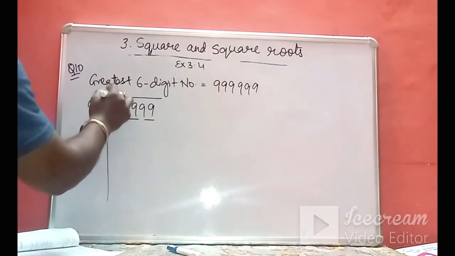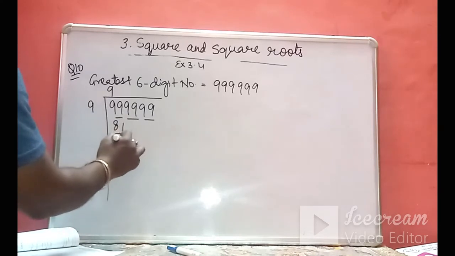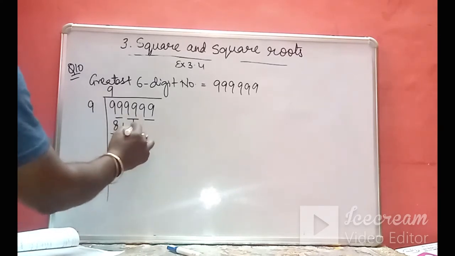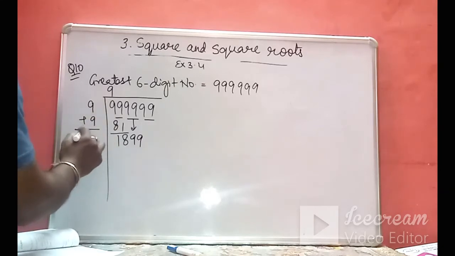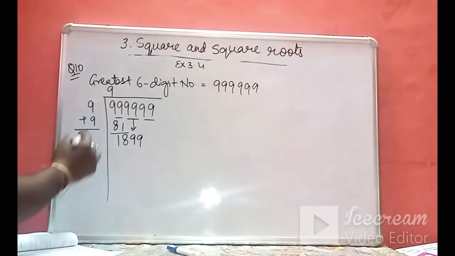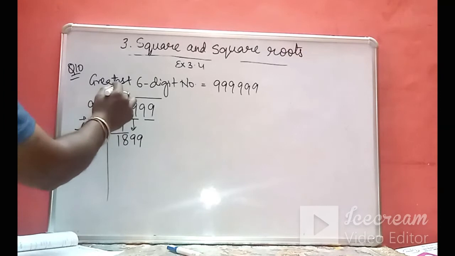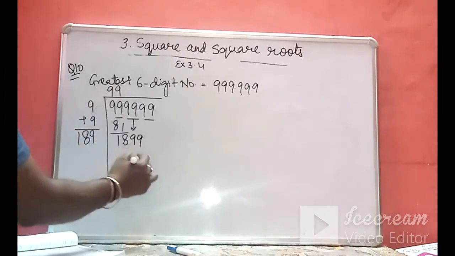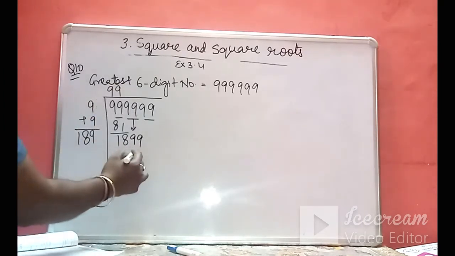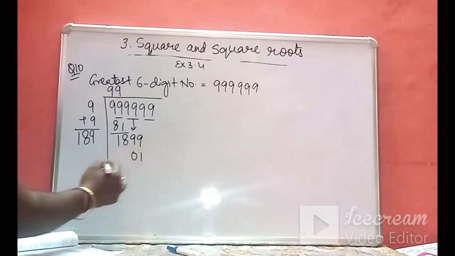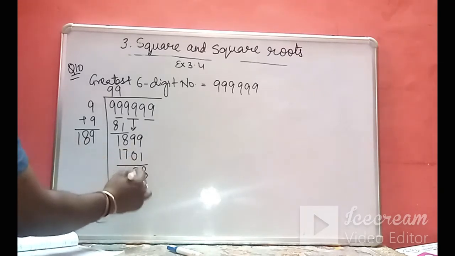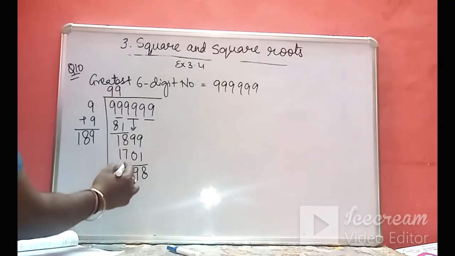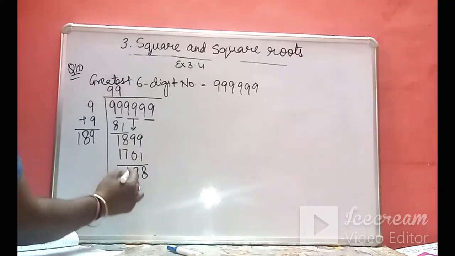Then 9 into 9 is 81. Then this 99 will come here, plus 9 will give you 18. Then one more 9. 9 into 9, 81. 8, 72. 8, 17. Then 8, 9, 1.